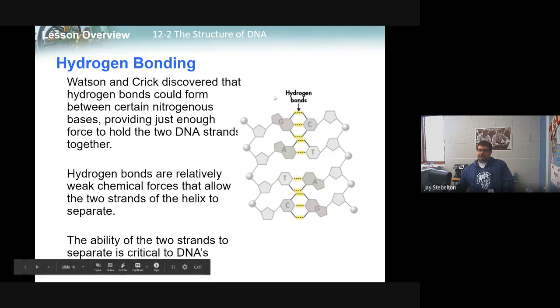Now, look at this right here. This is one side of the DNA ladder. Notice the nitrogen bases, G, A, T, and C. Those bases are held together by hydrogen bonds.